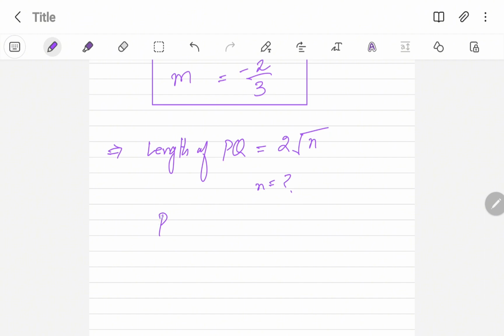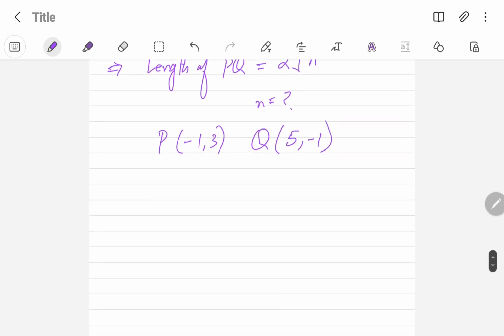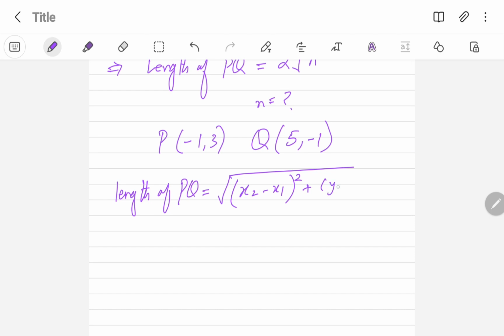P has the coordinates minus 1 and 3, and Q has the coordinates 5, minus 1. Using the distance formula, the length of PQ is under root of (x2 minus x1) whole square plus (y2 minus y1) whole square.